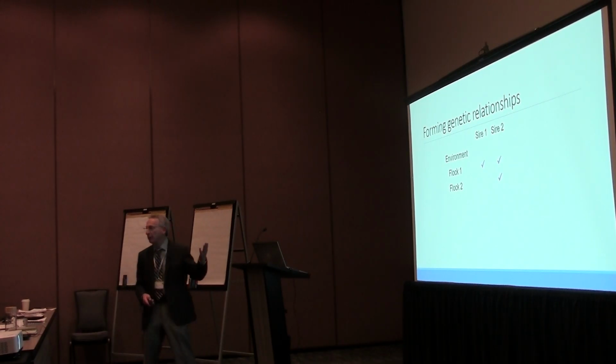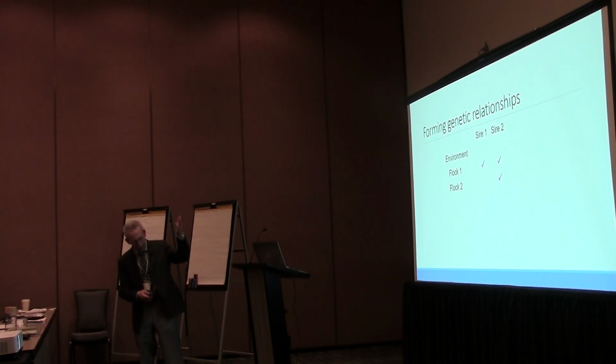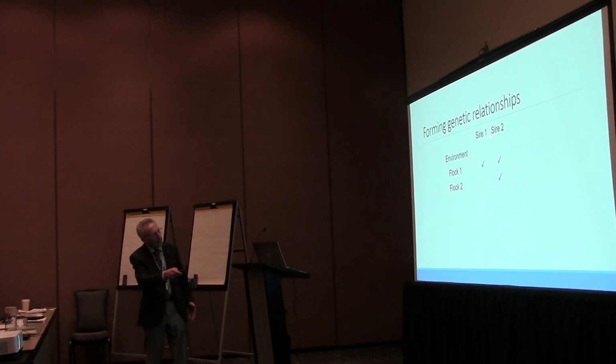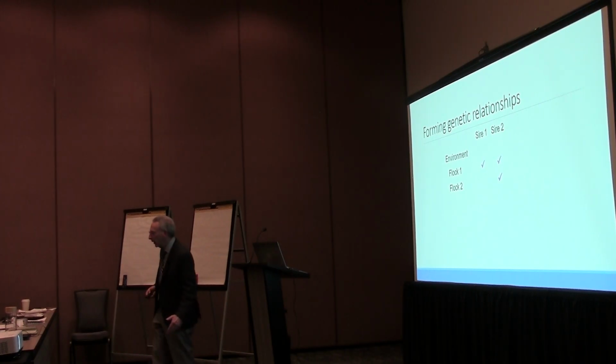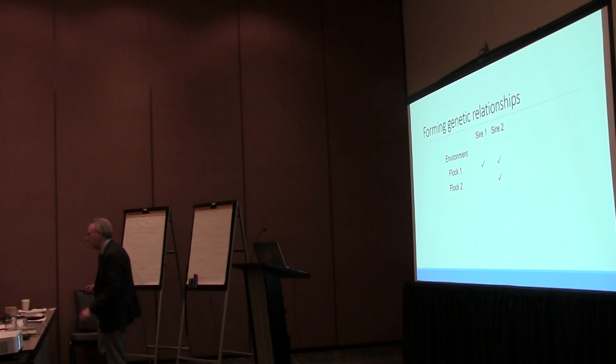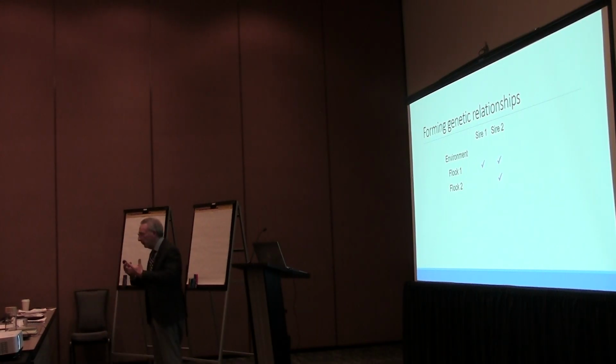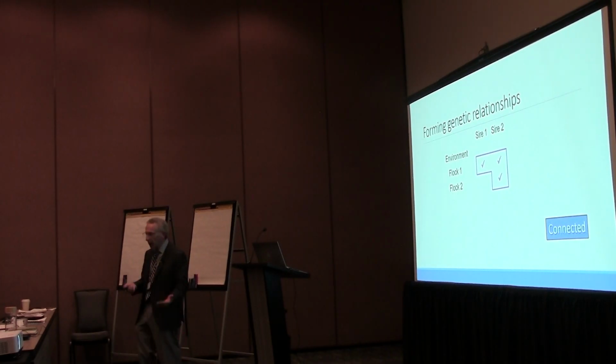Here's a case where our environment is being defined by flock. So we have two flocks, we have two sires, and it turns out that sire 2 was used in both flocks, sire 1 in only one of the flocks. Okay? And let's forget about all the other ways the flocks can be related outside these sires to keep it simple. So those environments are, the terminology we would use, connected because there is a sire producing progeny in common across both environments.